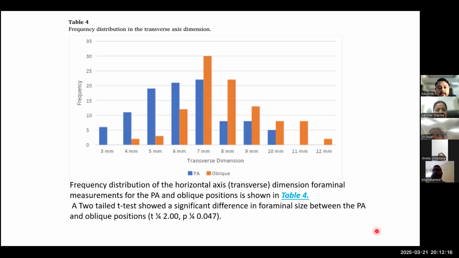They have charted this in a frequency distribution table and found that the foraminal size in oblique view was in fact larger than that in the PA view. Statistical analysis revealed a significant statistical difference in foraminal size between the PA and oblique views.